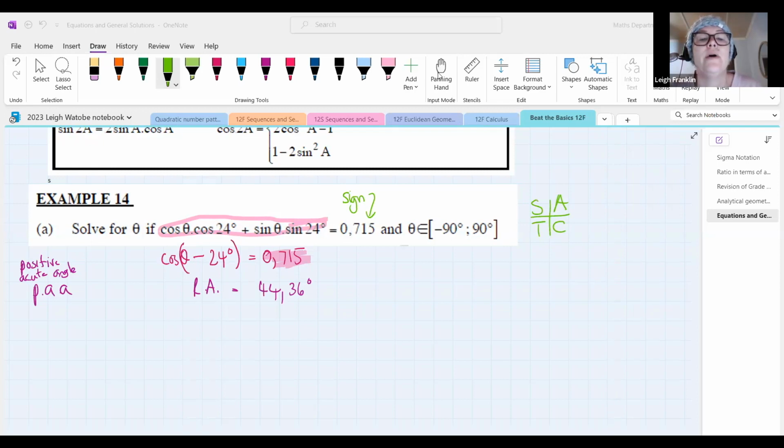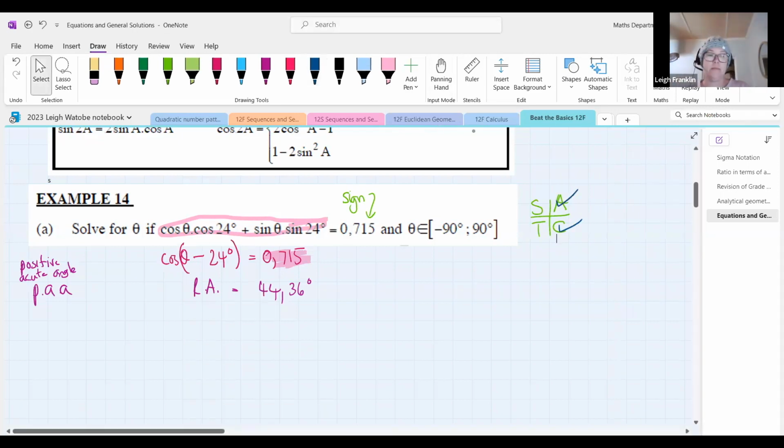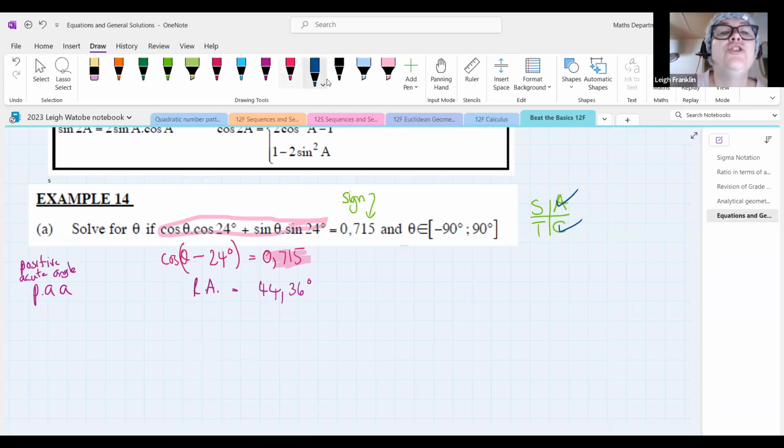Good. Well done, everyone. There's quadrant 1 and 4, you meant. There we go. 1 and 4. So there and there. So now we are going to do a general solution.